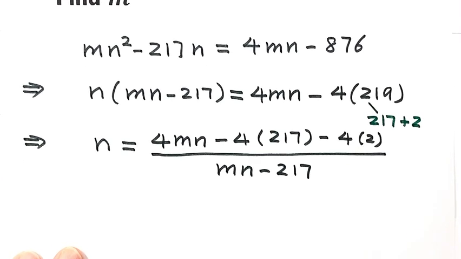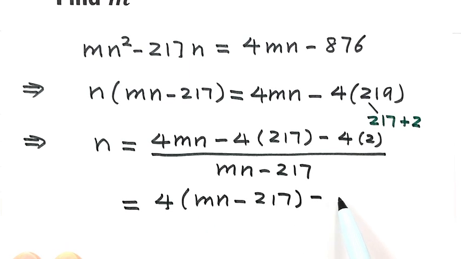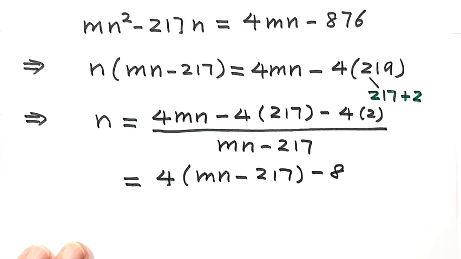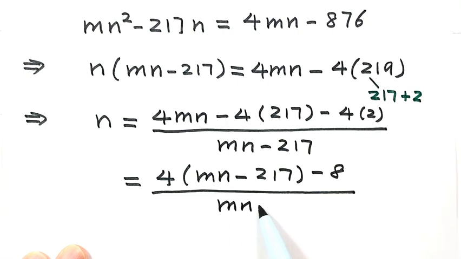So now let's take out the common factor for these two terms. Then just 4 times (mn minus 217), then minus 8, divided by mn minus 217.